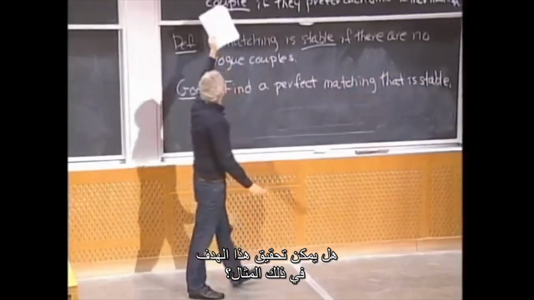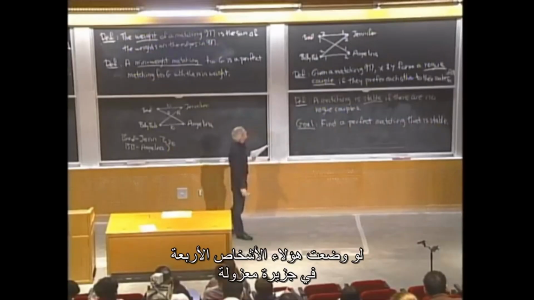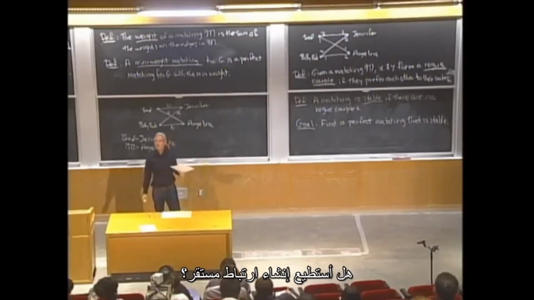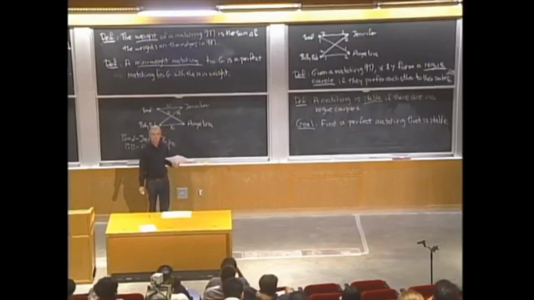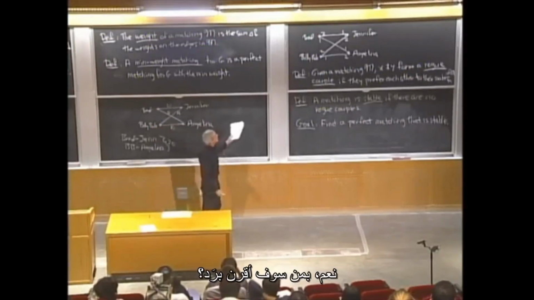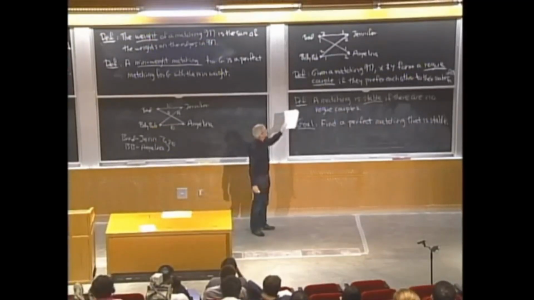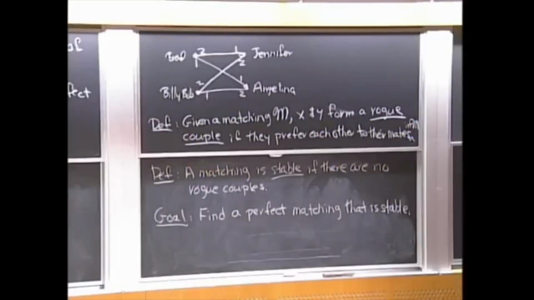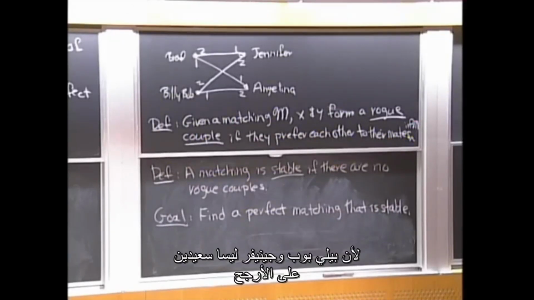All right, is it doable in that example? If I put those 4 people on a desert island, could I make a stable matching? Yeah, who would I match Brad to? All right, good. And then Billy Bob gets Jennifer. Now, I'm not saying that you make everybody happy, right? Because Billy Bob and Jennifer are probably not happy there.